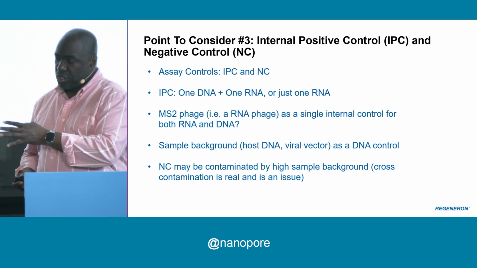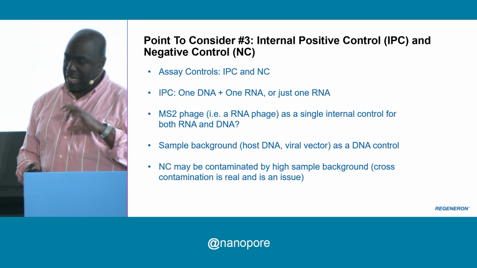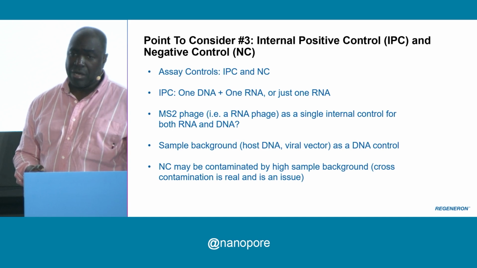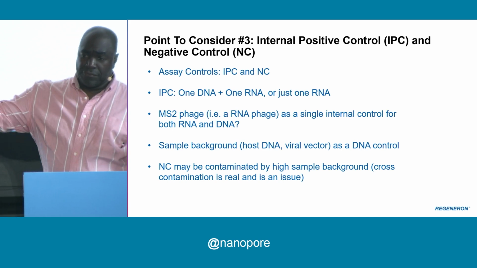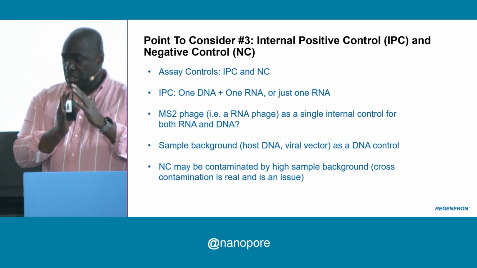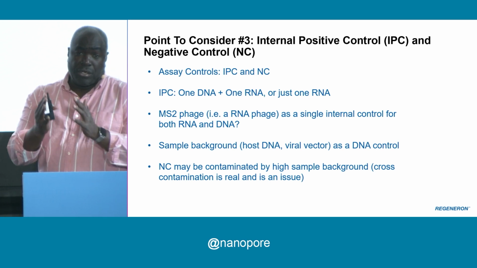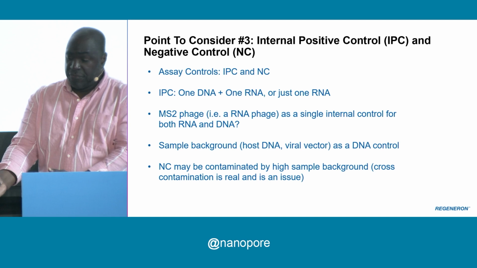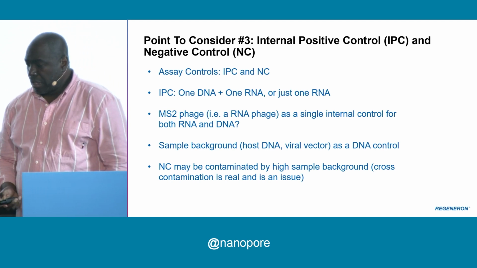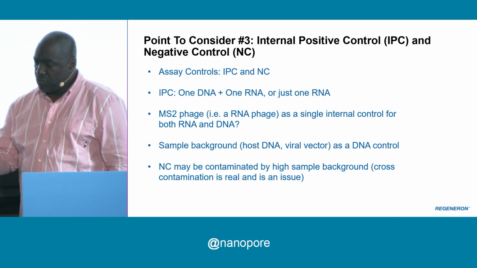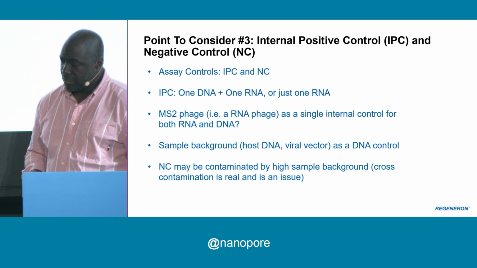Yes, but here we judge that using only MS2 as RNA phage allows us to control the assay from end to end, because for the RNA phage, after your RT, you're going to do PCR. So if you have inhibition, it would be visible right there. So we don't think that you need to have two phages in your assay.